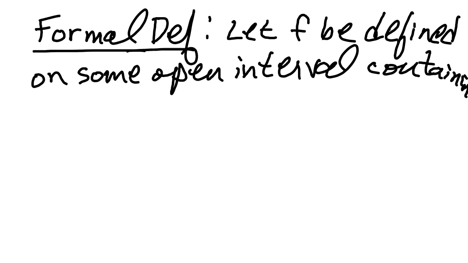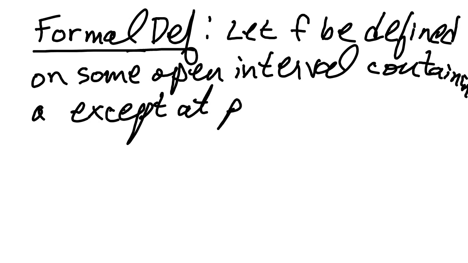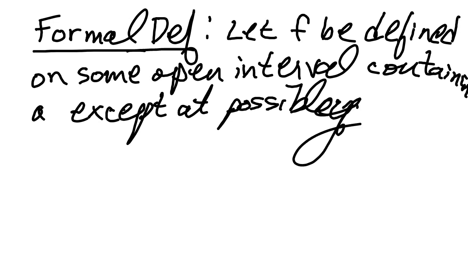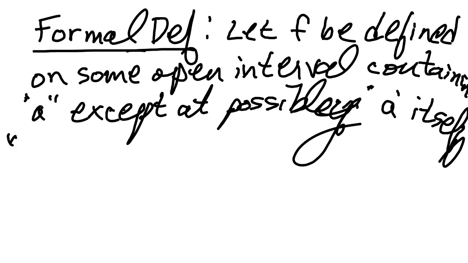Now, what do you know about me and writing stuff out? You have to be careful how you read this, because this isn't English. This "a" containing a is really x equals a, right?